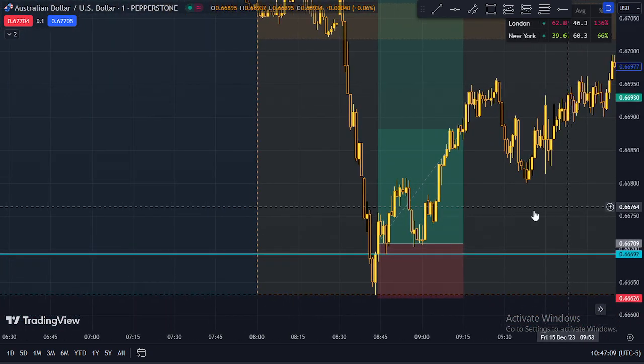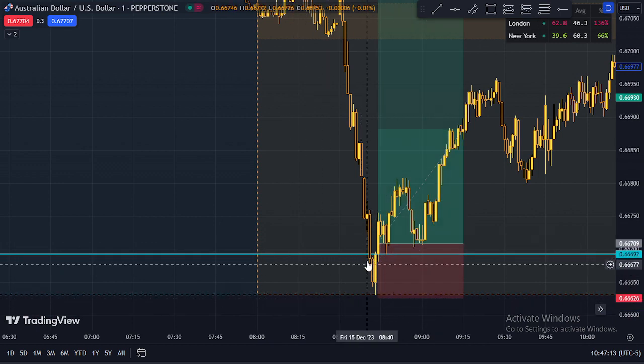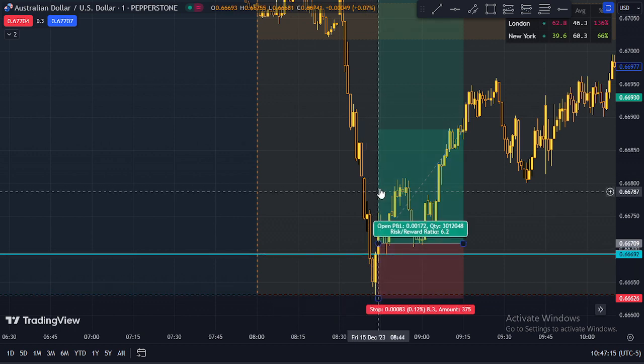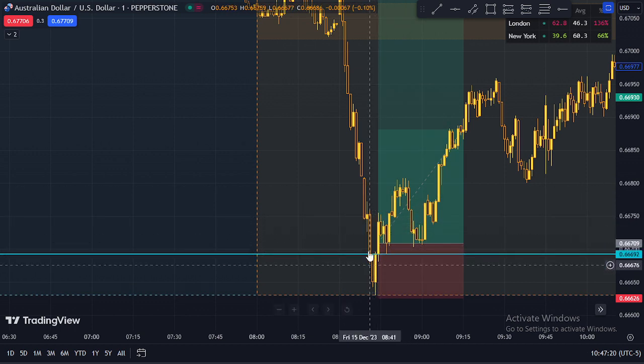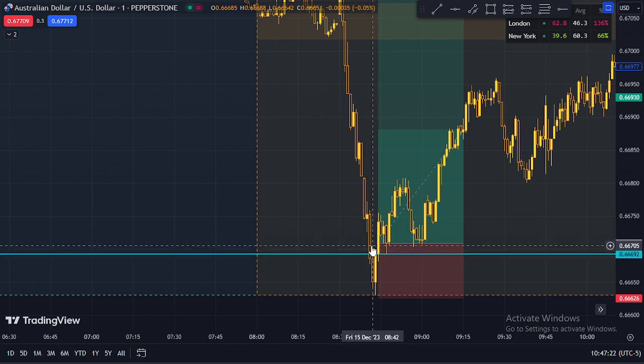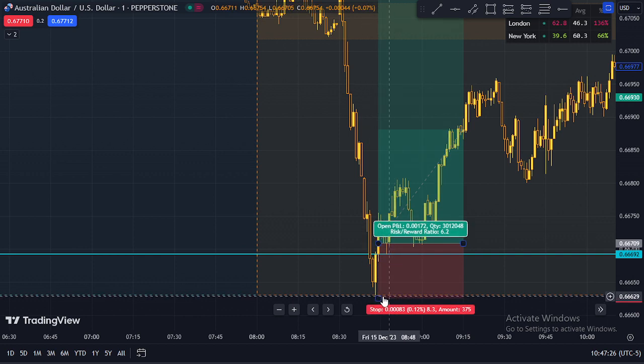So we had two chances to get into the trade. So we had this drop inside the gap, and also inside the inversion fair value gap. So that will be your entry, and your stop placed below this low.